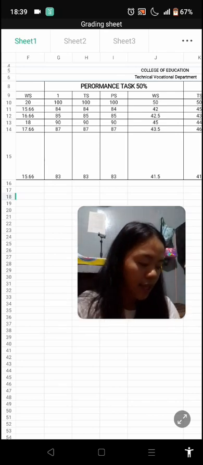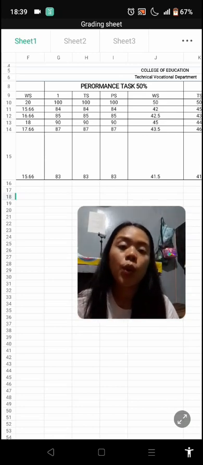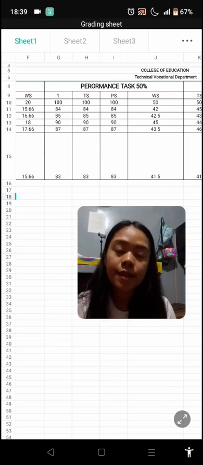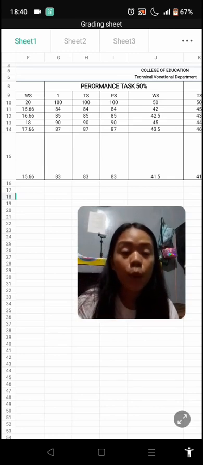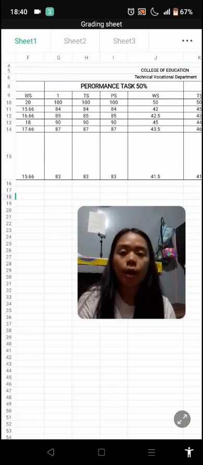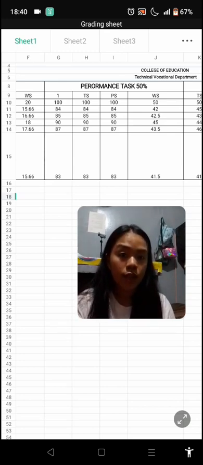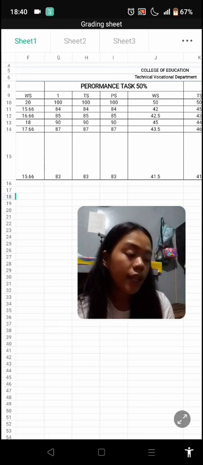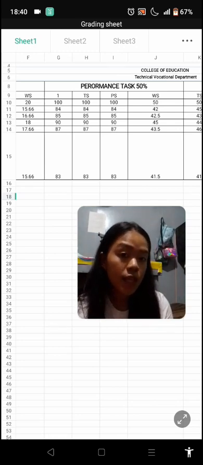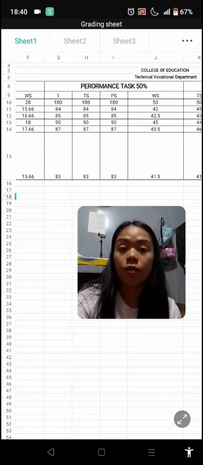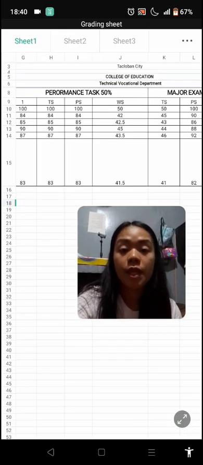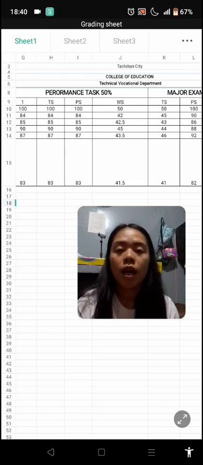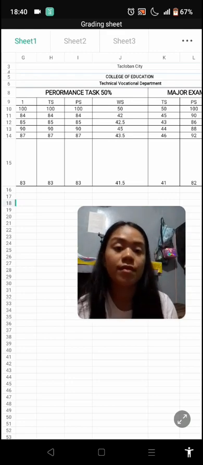The formula is PS multiplied by the percentage of the performance task. Miss Agrava has 84, times 0.5, so that's why we get 42. The same process applies to the performance task of Miss Daradal, Miss Doliete, Miss Umadchao, and Miss Vinyas.